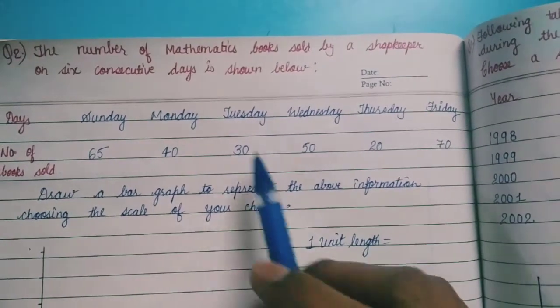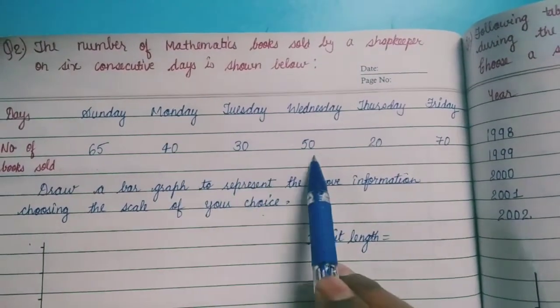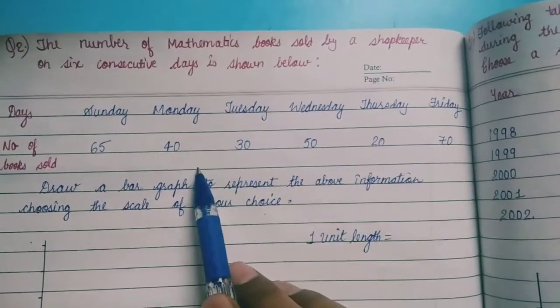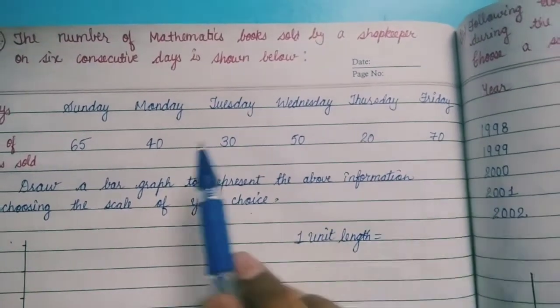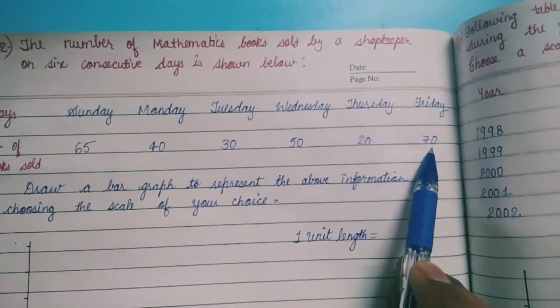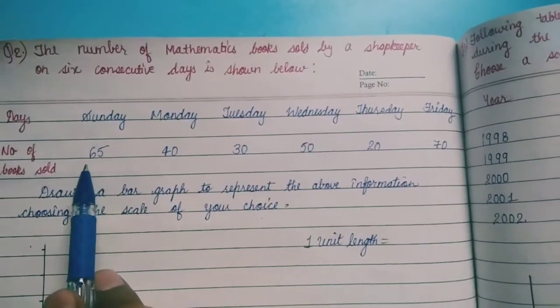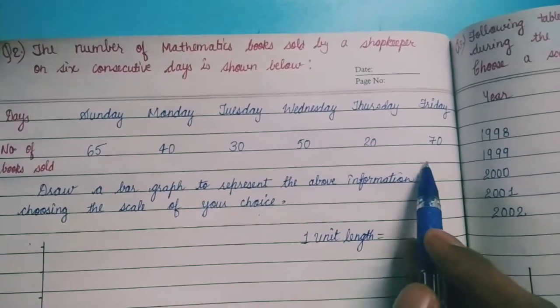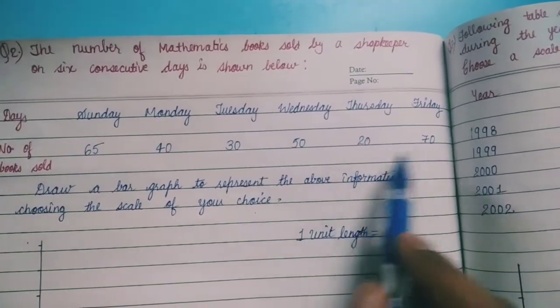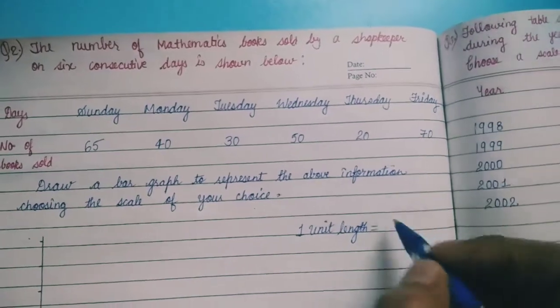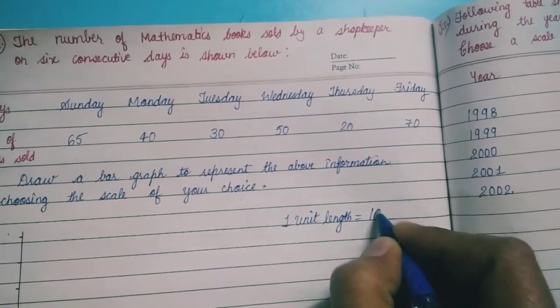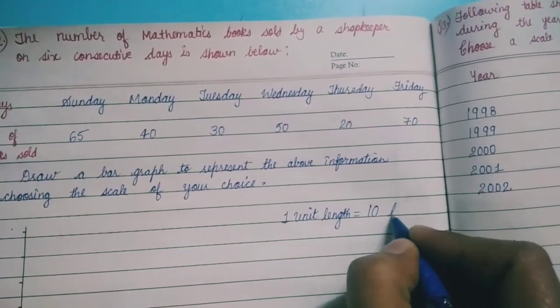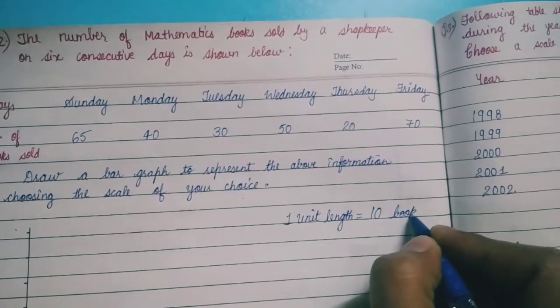You can simply see here 40, 30, 50, 20, 70 are multiples of 10. Only 65 is not a multiple of 10, but most of the numbers are multiples of 10. That's why 1 unit length we are choosing as 10 books.